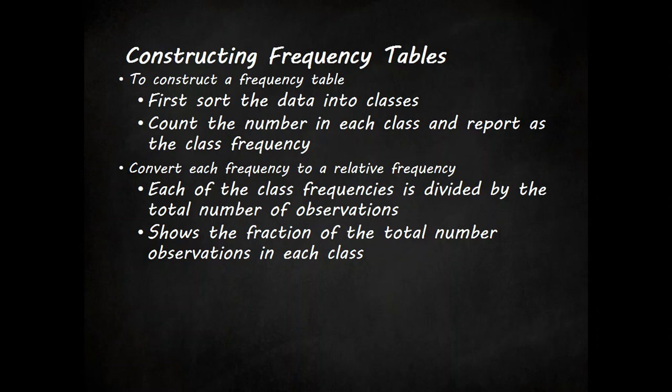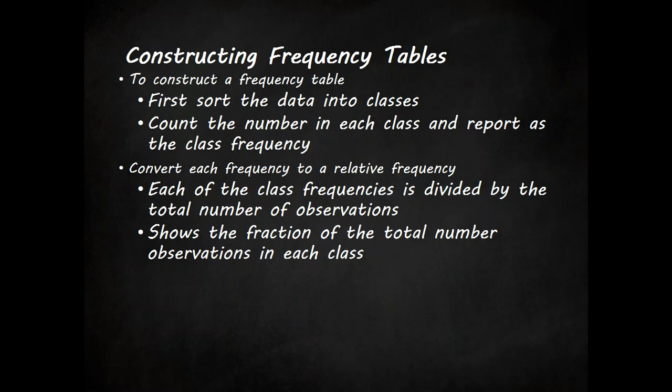Or you report by state and realize it doesn't give you a representation of where these were actually sold. And so you determine, okay, I need to report by county. And then you count the number in each class and report it as a class frequency.